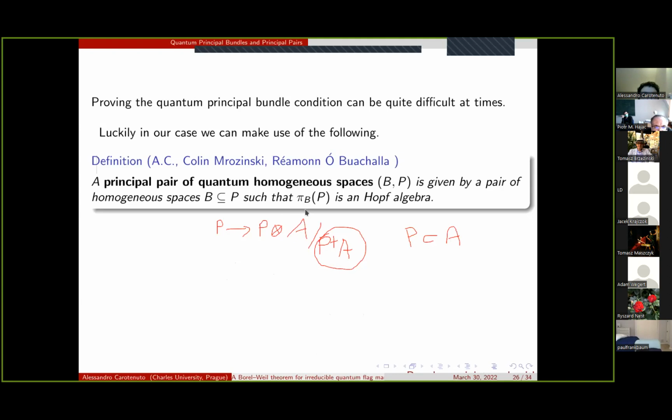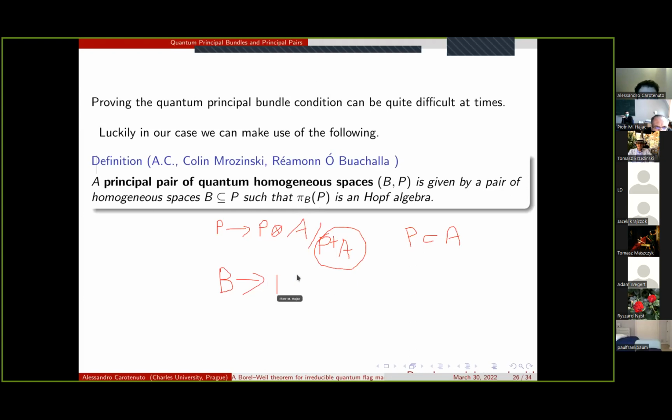I have the same kind of map for B. So you also have it for B. Exactly.